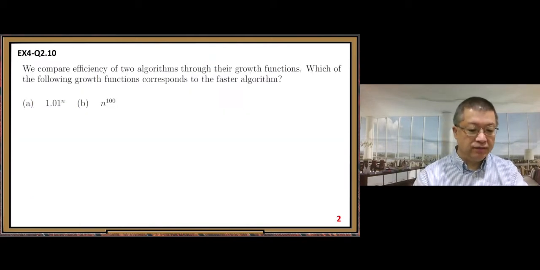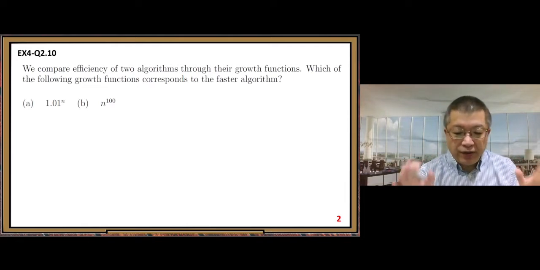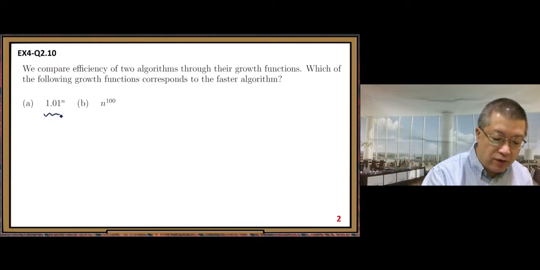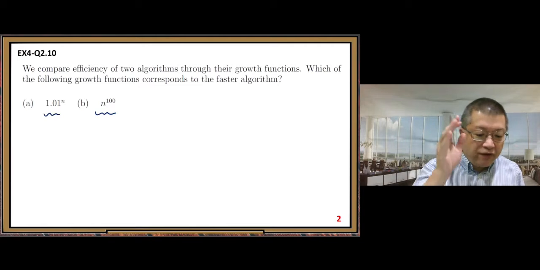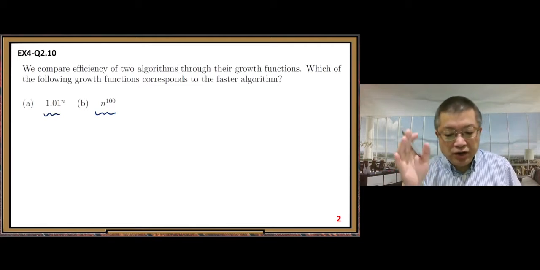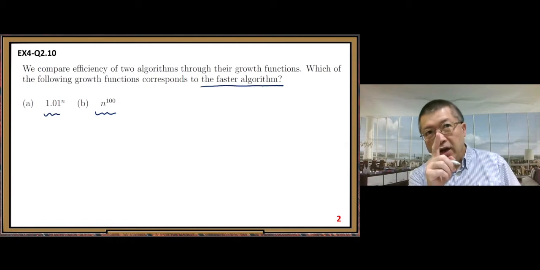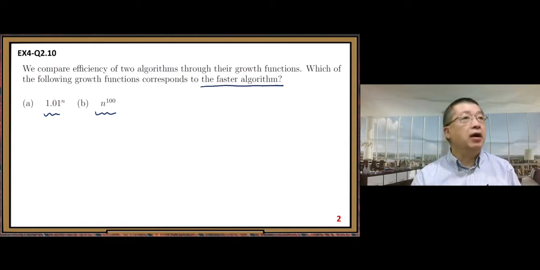Our second question. Compare the efficiency of two algorithms through their growth functions. Suppose the first algorithm has the first growth function, the second has the second growth function. Which of the following growth functions corresponds to a faster algorithm? First, let's think: the smaller the growth function, the faster the algorithm, right?